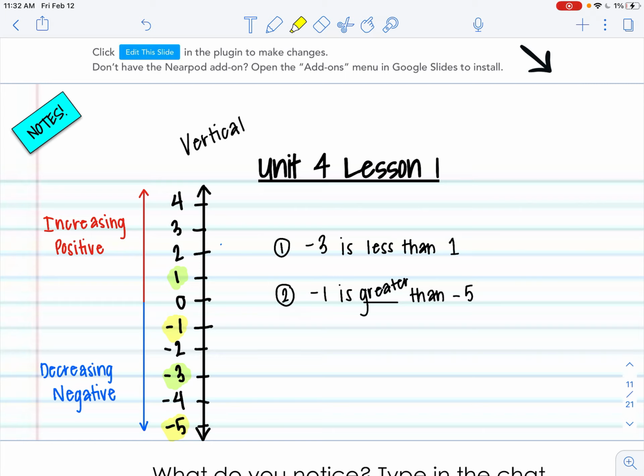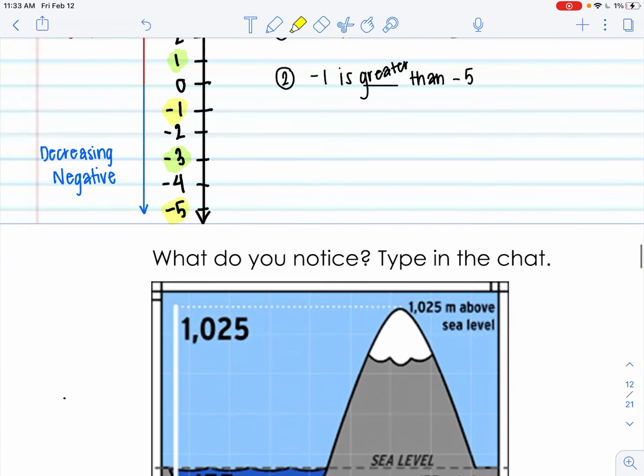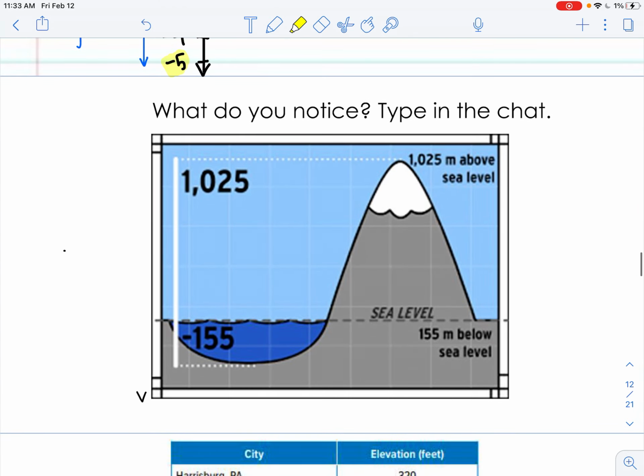At this point, we've talked about using positive and negative numbers for elevation or for temperature. And now we're going to move on to elevation. Take a second to look at this picture and see what you notice. There's a few things to talk about.